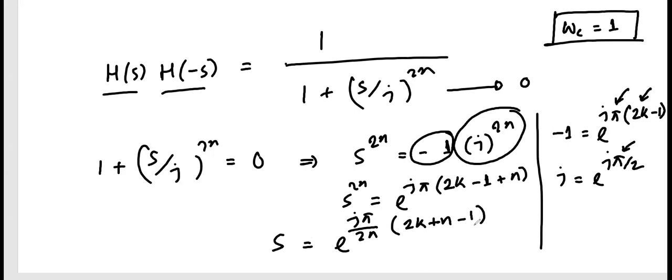So this is the final equation. What we can mention here is that s equals e to the power j pi divided by twice n, I'm writing the same equation here, times (2k plus n minus 1).